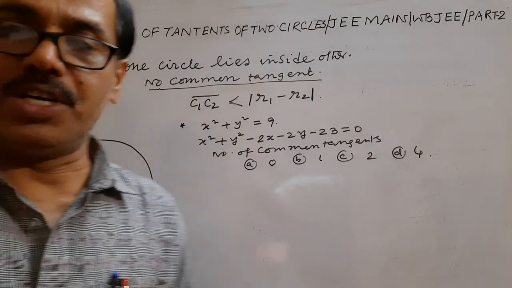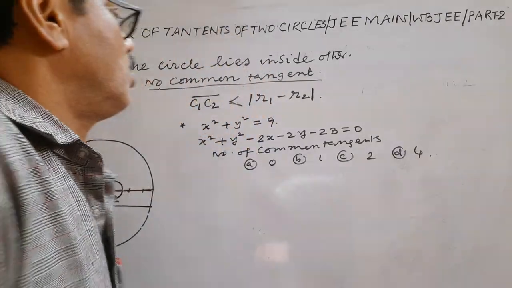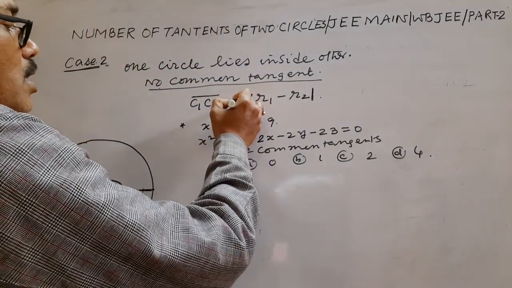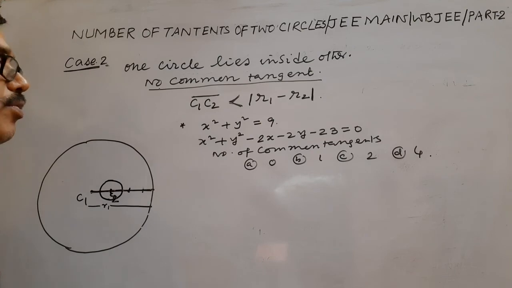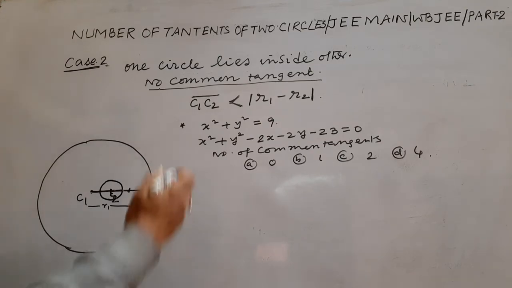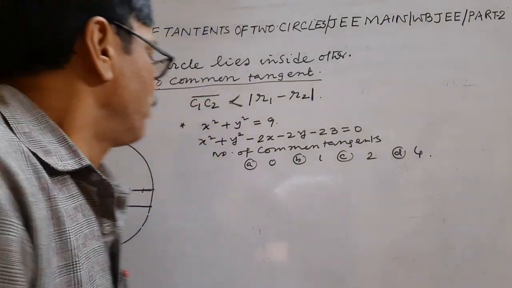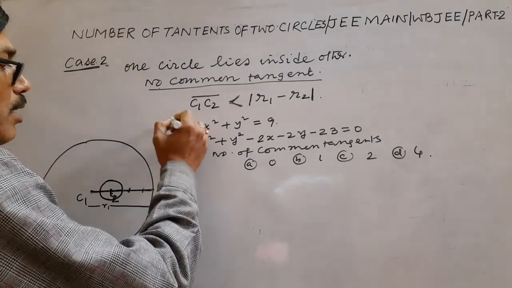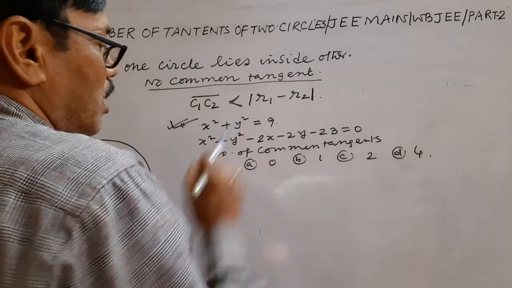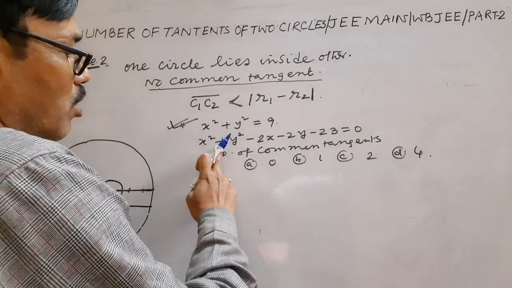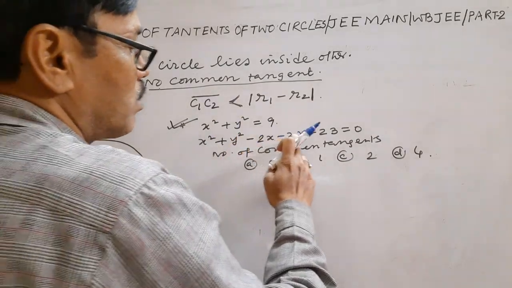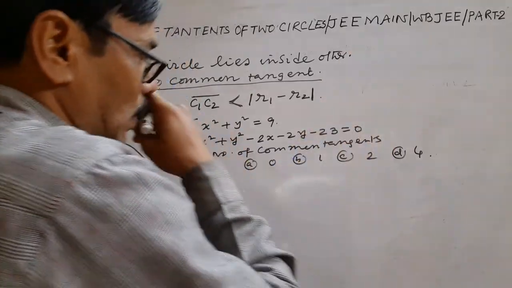So what is the condition? The condition is C1C2 less than mod R1 minus R2. So you have to remember this one. So look, application. x square plus y square equals to 9, and x square plus y square minus 2x minus 2y minus 23 equals to 0.